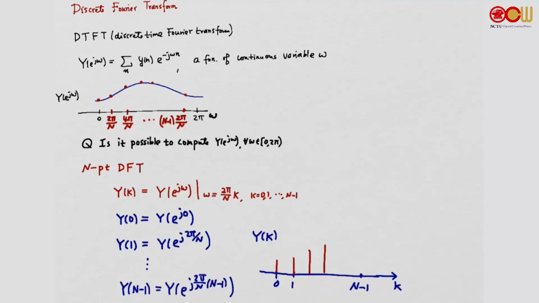One is the discrete time Fourier transform, the Fourier transform of a discrete time sequence. The other one is the discrete Fourier transform, where discrete means discrete in frequency, because now we take samples. When we take samples, the samples will be at discrete frequencies instead of a function of the continuous variable omega.